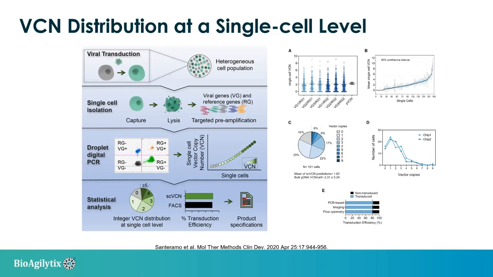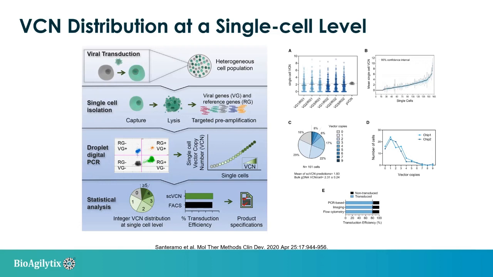This slide shows a study design of VCN determination at the single-cell level. The human primary T cells were transduced with a lentivirus. The sample was loaded on a single-cell preparation system to capture individual cells in each microchamber on a chip, which was then scanned to identify the chambers containing living cells.